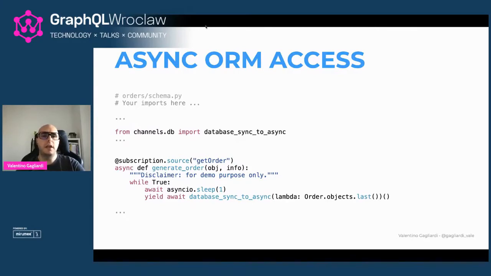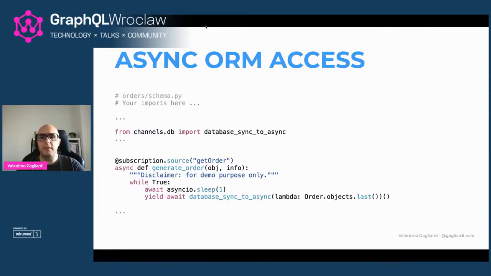If you use Channels, you can use this adapter, which also closes any connection when the connection is closed by the client. And this is the first step in making the Django ORM work within an asynchronous generator. We have this function, database_sync_to_async, which wraps the ORM access.